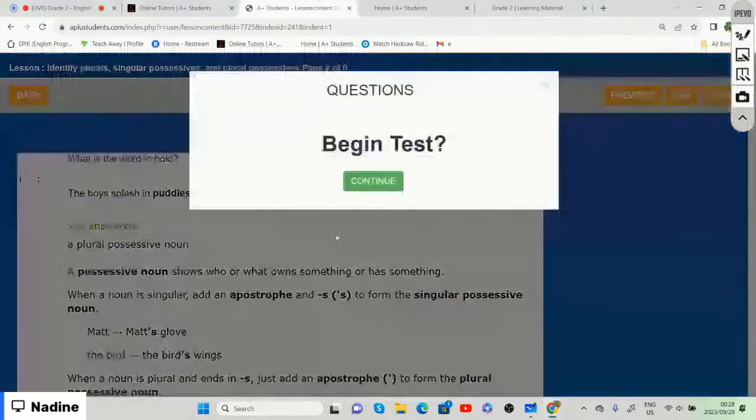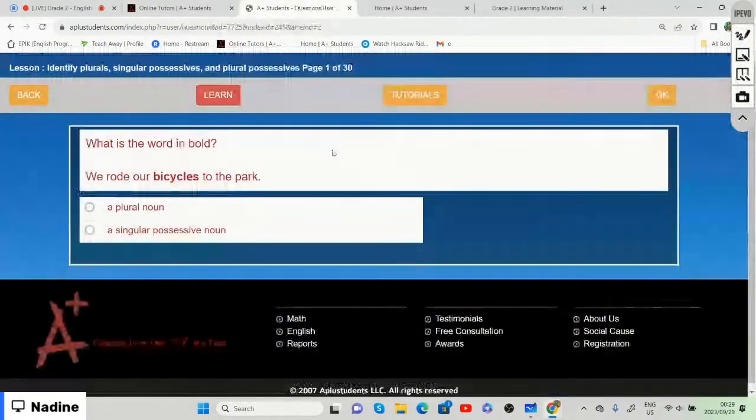All right, so let's go to our test. We need to say what the word in bold is. We rode our bicycles to the park. So bicycles, is it a plural noun or a singular possessive noun? Option one or option two.